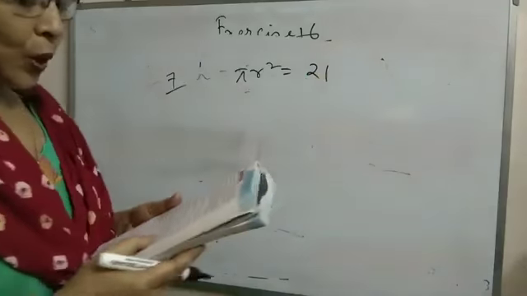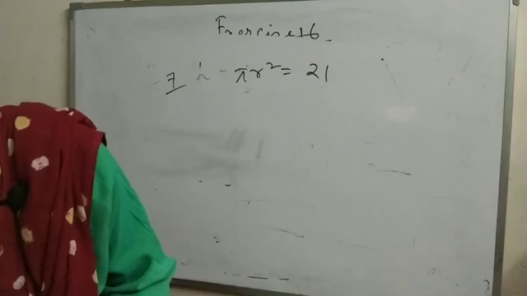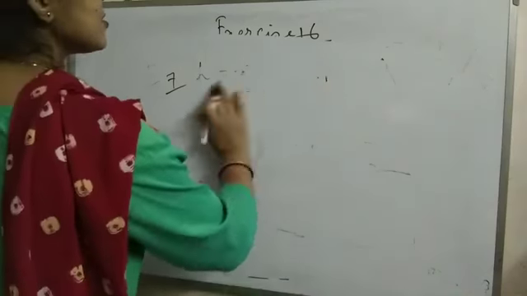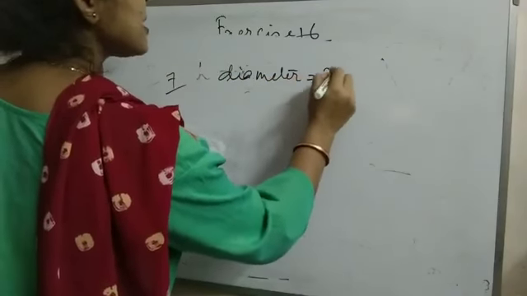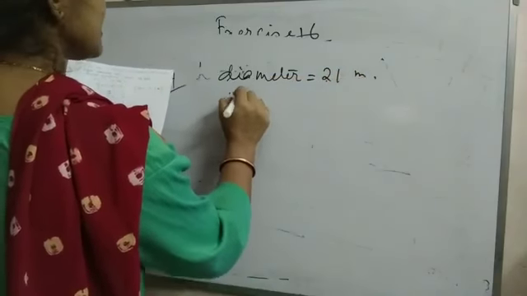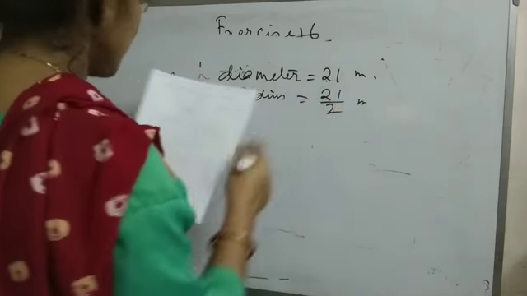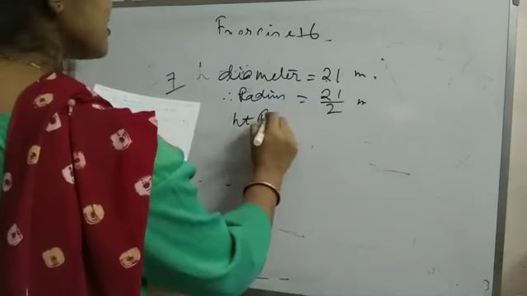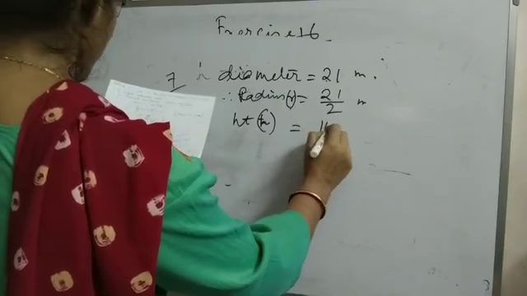Sorry, this is not base area, it is wrong. The diameter of the base equal to 21 meter, that is radius r equal to 21 by 2 meter, and height h equal to 14 meter.